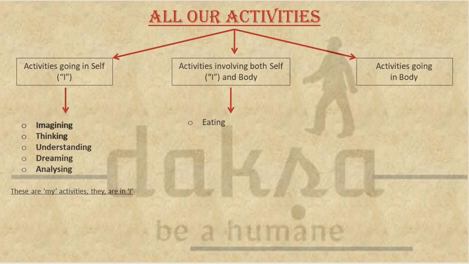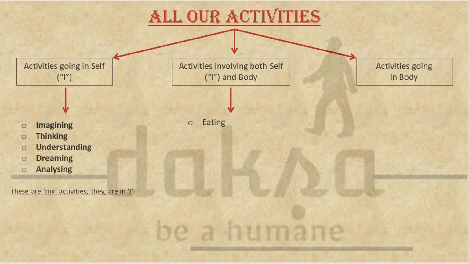Obviously, if the food is placed in front of you on the table, you have to use your body parts to put it in the mouth. You are going to use your hand to carry the food to the mouth so that you can chew the food and swallow it. Here, both I and body are involved. I made the choice. The body is used to carry out the action.